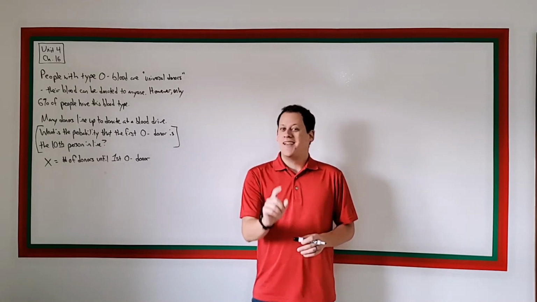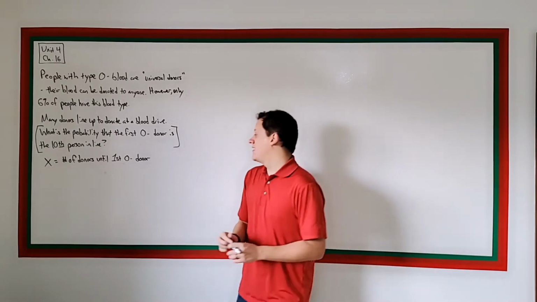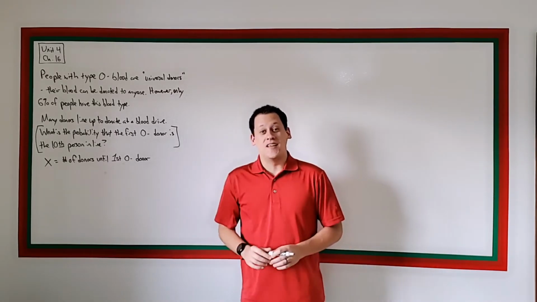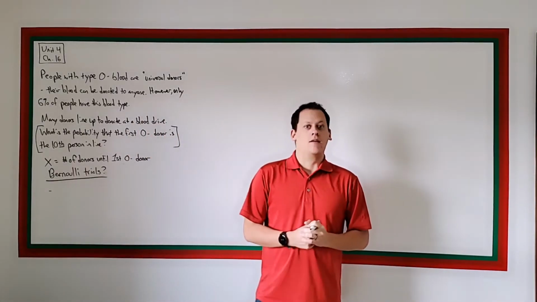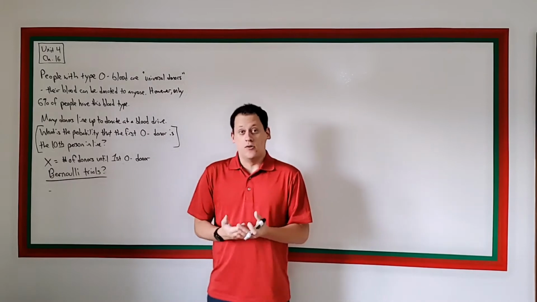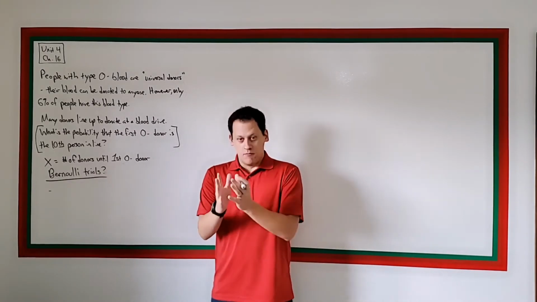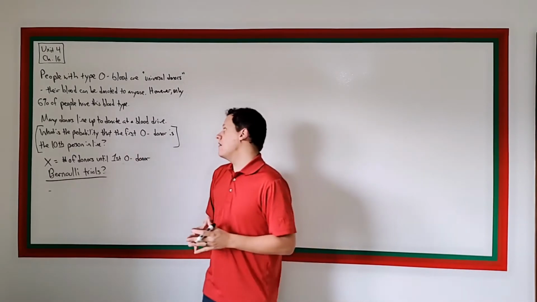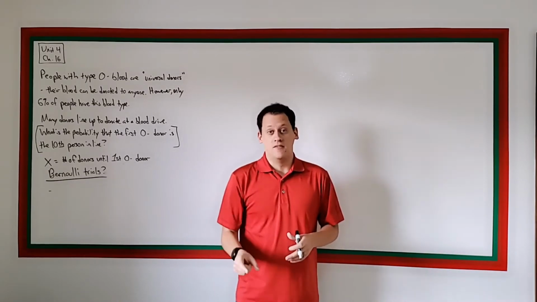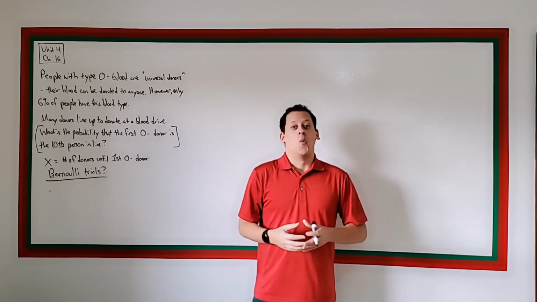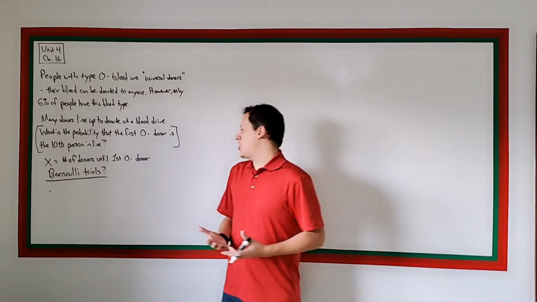But the model that it is, we also need to check and make sure that these are Bernoulli trials. Do we have Bernoulli trials here? Now, a trial in particular, this is the most basic component of what it is we're looking at here, is going to be whether an individual person is an O negative donor or not. So what are our conditions? What do we need to check?